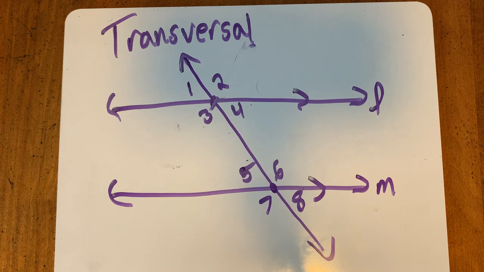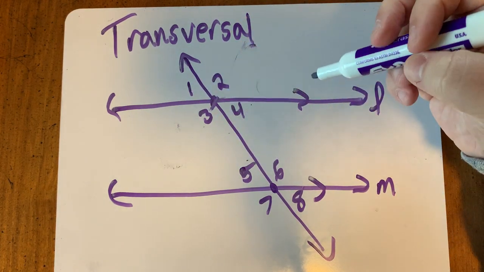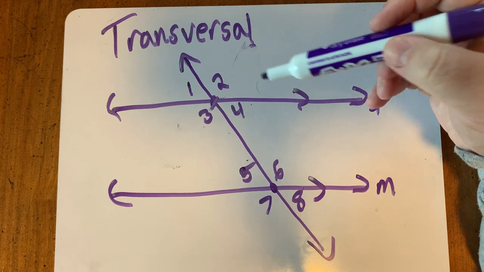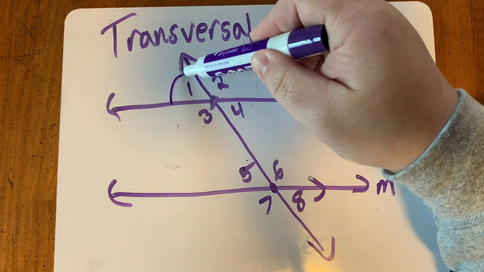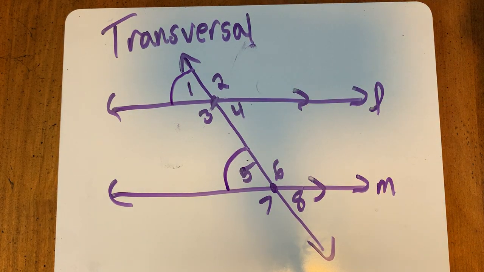Alternate interior has alternate exterior. Same side interior has same side exterior. So the only one that doesn't have a partner is corresponding. So like angles 1 and 5. And if we're looking at that, they look to be congruent. And that's true.